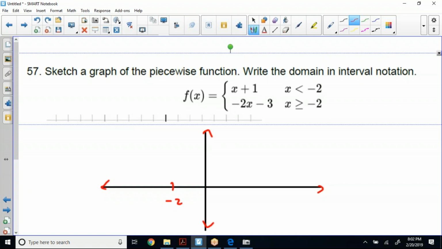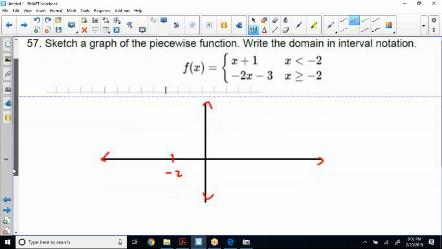That's my pivot, -2 right there. It's going to have something that is open. It'll be a line that comes up with an open dot, right?